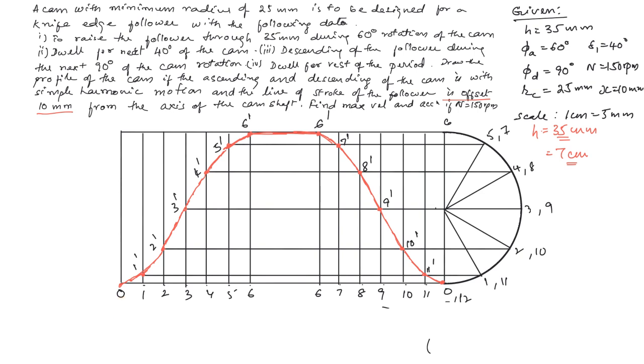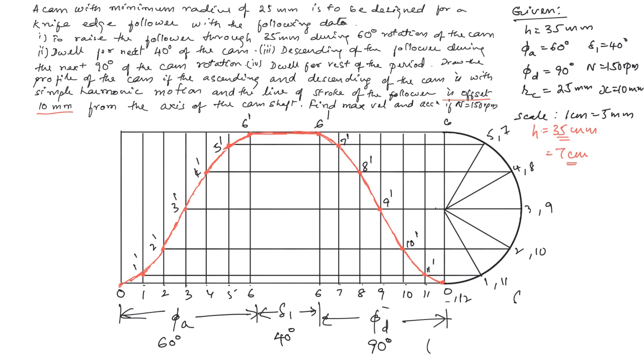So you see, this is the angle of ascent phi a, and this is for the descent phi d, and this is delta 1. So this is 60 degrees, delta 1 is 40 degrees, phi d is 90 degrees.